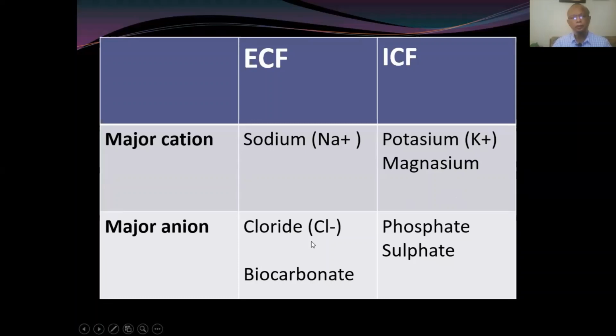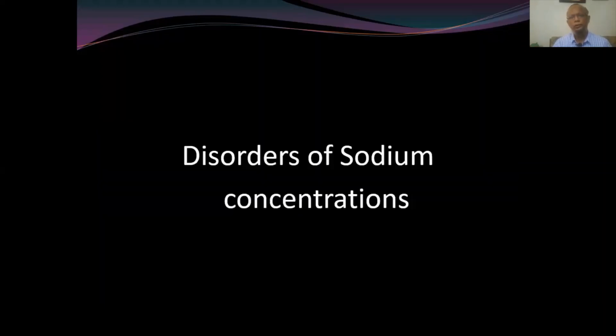The major anions in the extracellular fluid are chloride and bicarbonate, and in the intracellular fluid they are phosphate and sulfate. So this is very important when you are going to discuss the disorder. So, disorder of sodium concentration.